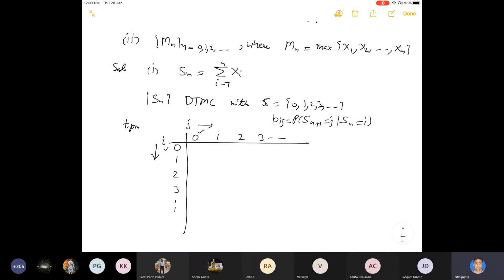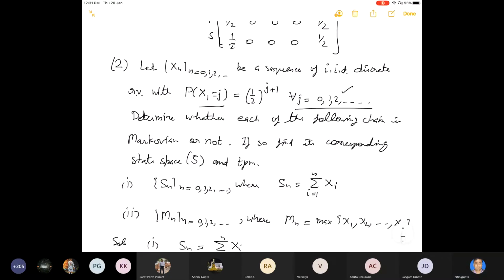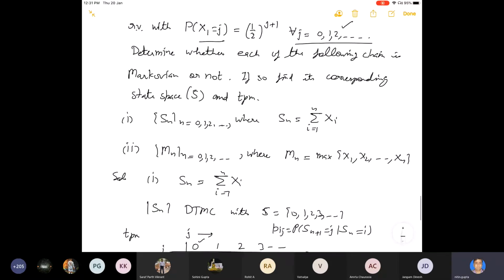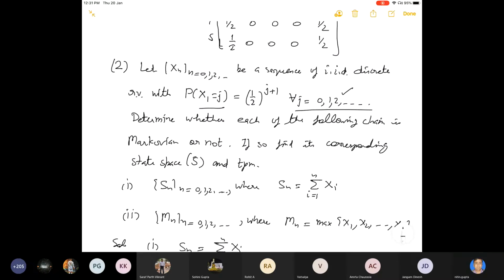That will happen if the value we are summing takes value 0. That will be half, since X1 is equal to 0 and they are IID.